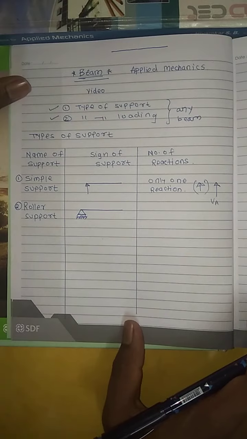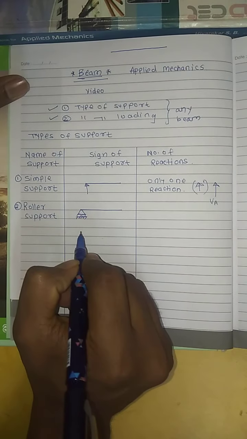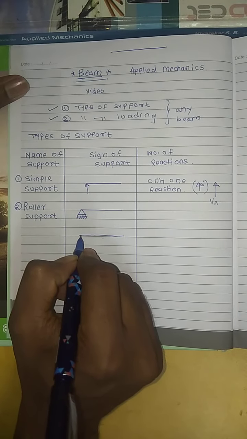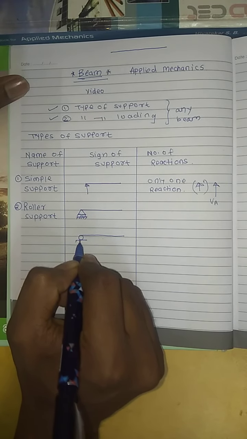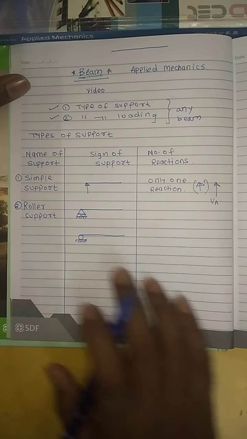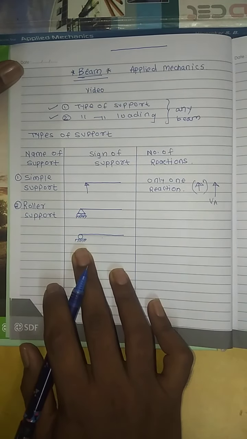There is another method also, where there will be a beam and directly like this. Some will represent the roller support in this way.